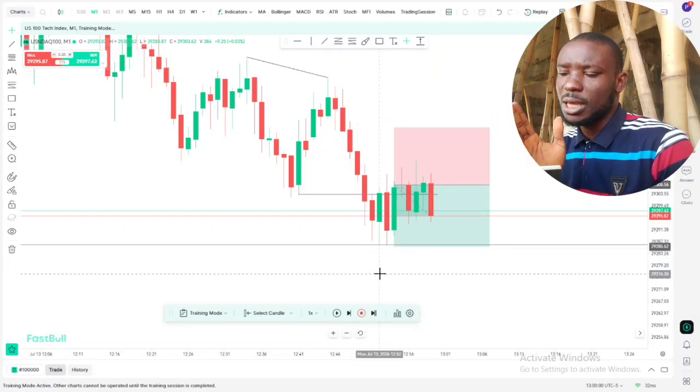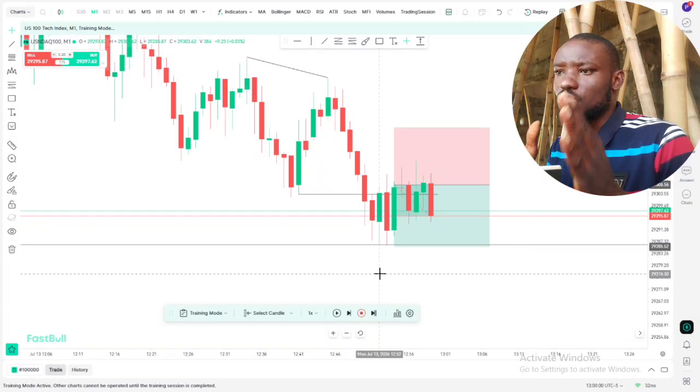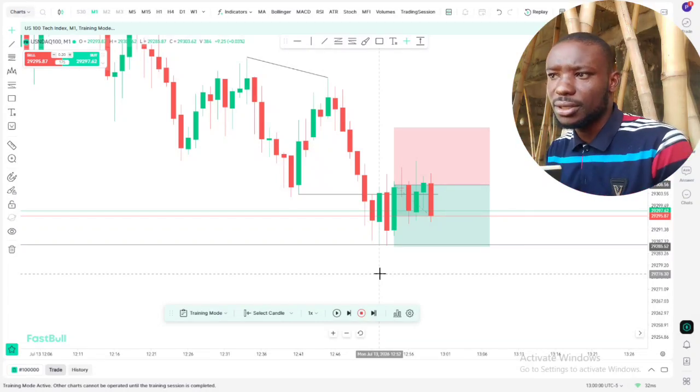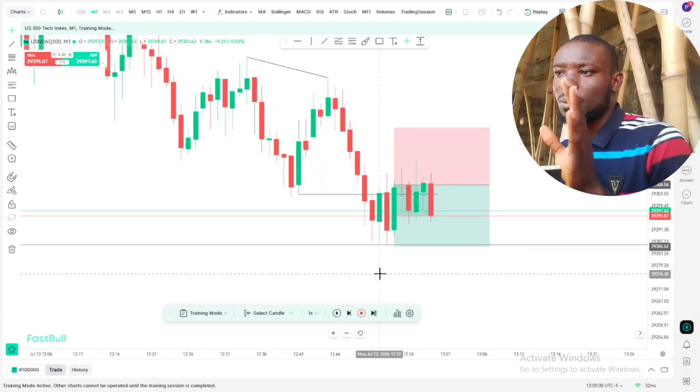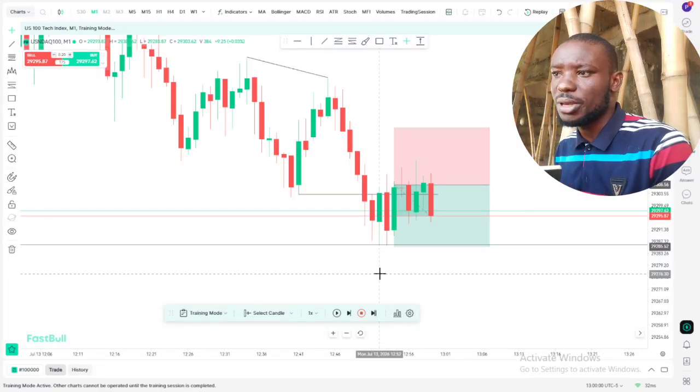Now, why I say this trade was a B setup is that ideally I was supposed to wait for the 12 p.m. candle to close bearish. Then once the 1 p.m. candle opens, I'm supposed to wait 5 minutes to see how it's going to react. But instead, I got in before the 1 p.m. candle opened, and you can see it was in profit.